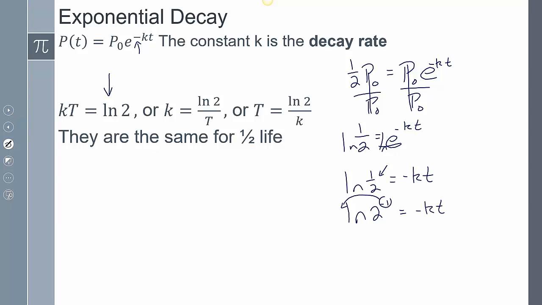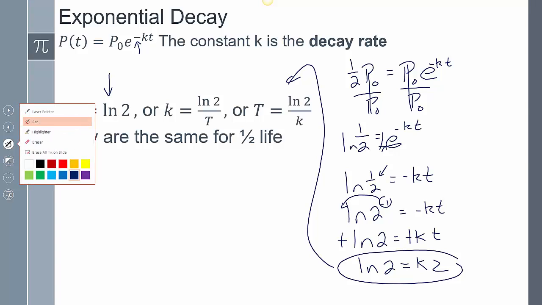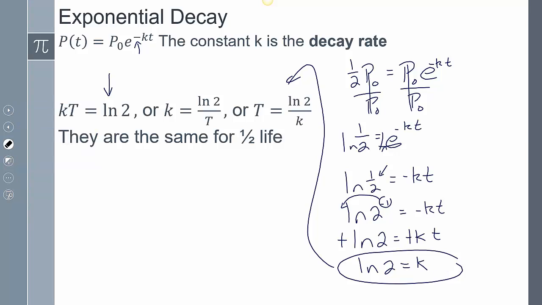I can bring that negative 1 to the front, so I get negative ln of 2 equals negative kt. Those are going to cancel out, so I get ln of 2 equals kt, which is going to be further manipulated into one of those other two equations that I have there. So just understand that even with this half-life, this relationship holds.